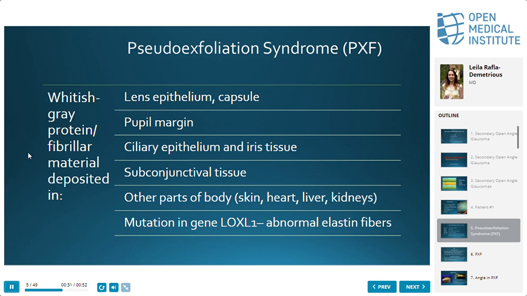It's also been found in ciliary epithelium and the iris tissue, as well as subconjunctival tissue. Historically, it's always been thought that pseudoexfoliation basically does its only damage in the eye, but it has also been associated with heart attacks and strokes, as well as high blood pressure.